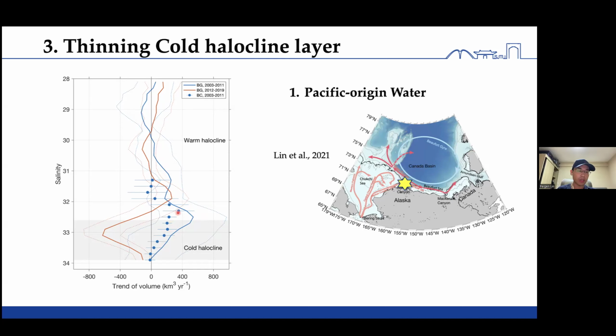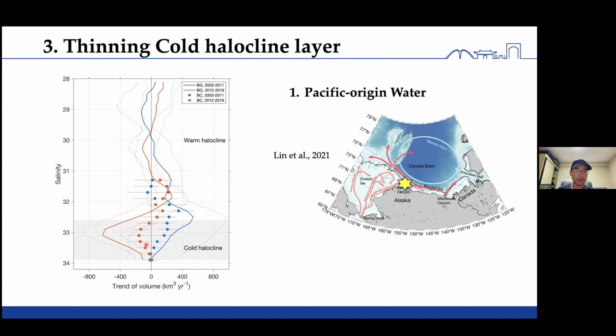It also peaks a little bit above the cold halocline. And what does it look like in the second period? This is the second period, and you see that the red dots also follow a little bit above the cold halocline, and it turns negative in the cold halocline, right?